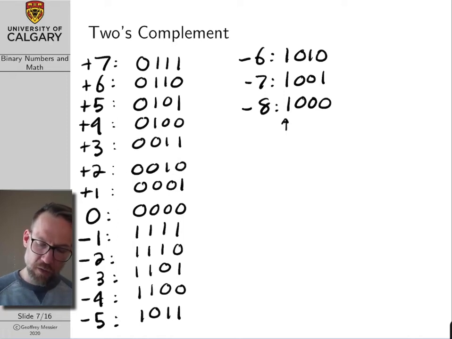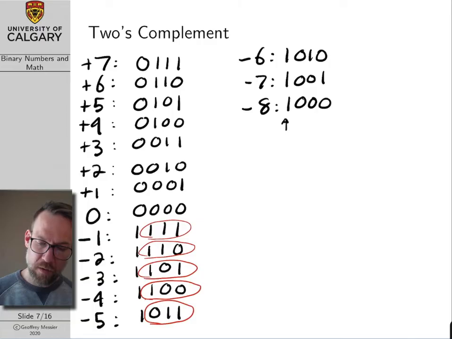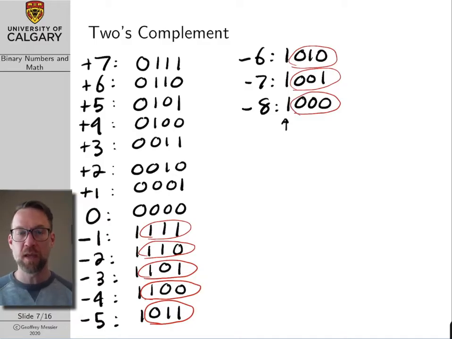However, if you'll notice, it does seem like we've got a binary counting pattern going on here. We have all ones, and then we have a 0, and if you look at the zeros, you can see that this looks like a binary counting pattern, except our bits are inverted, where the zeros behave like ones and the ones behave like zeros.